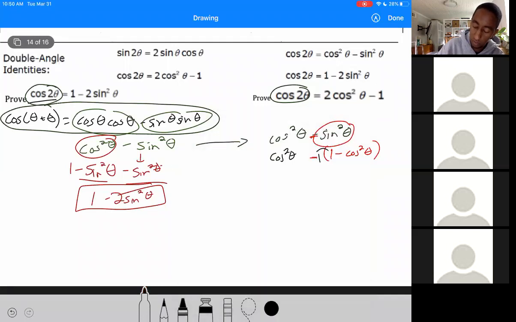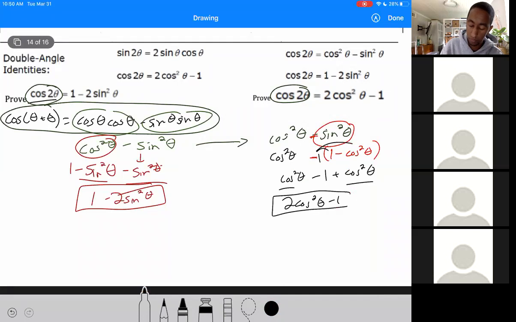If we distribute this -1, it's going to be -1 plus cosine squared of theta. Right? And then we could combine these two, which is going to give us 2 cosine squared of theta minus 1. And that is why that identity works. Okay? All right. Very good.